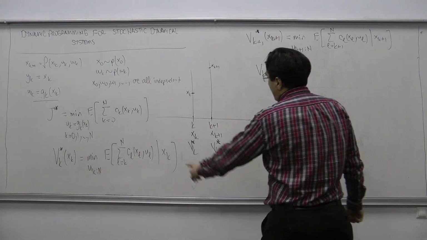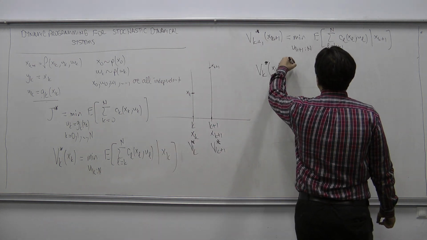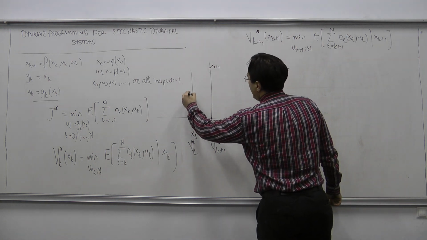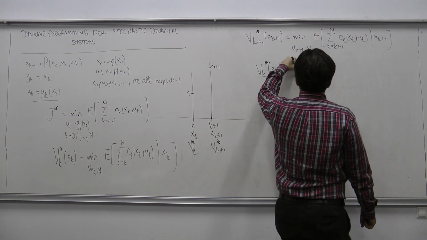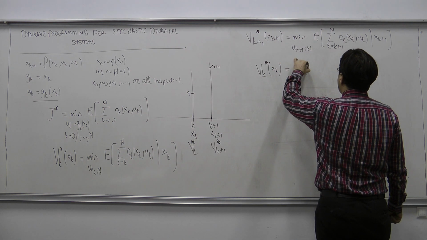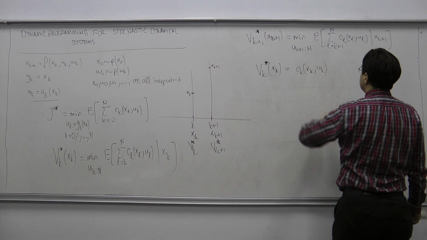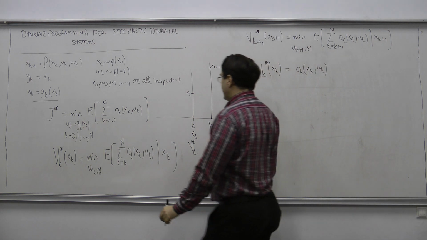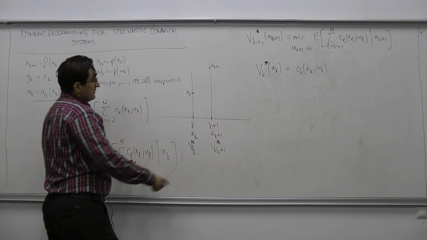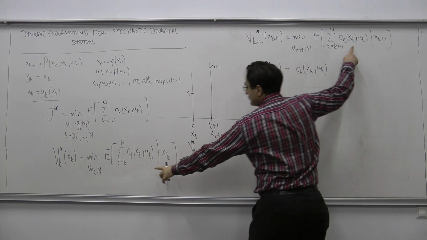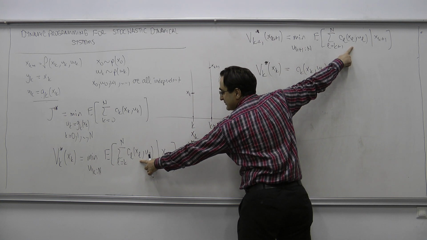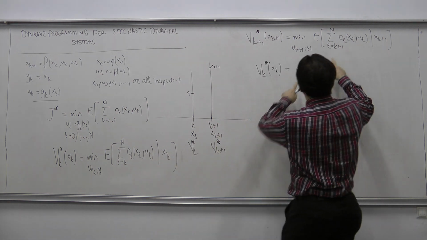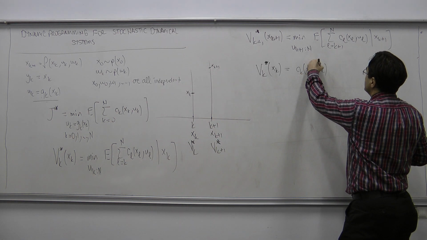So here I will just write this. So first I need to add this extra term here in this summation. So I would get ck(xk, uk) here. Okay? Between these two summations, there is only one term different. And that term is ck(xk, uk).